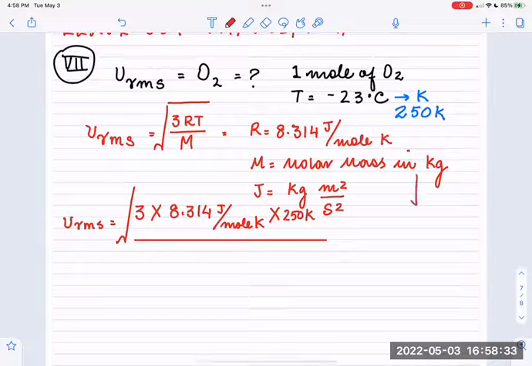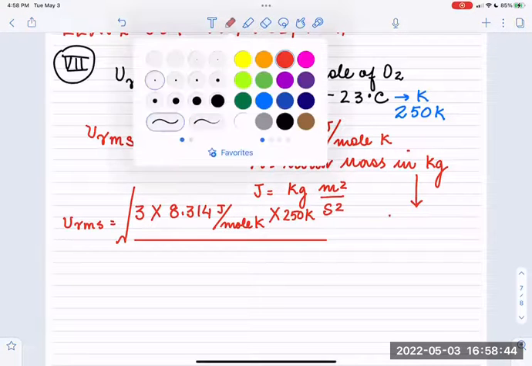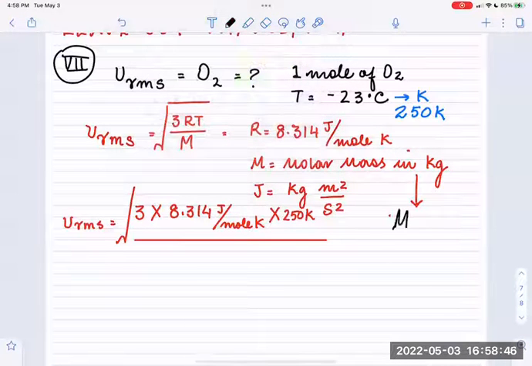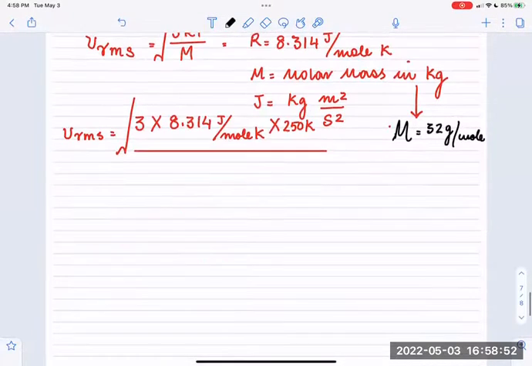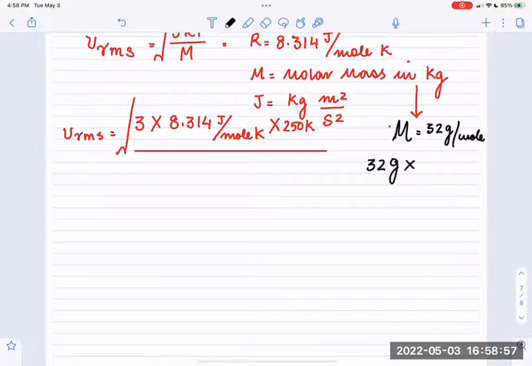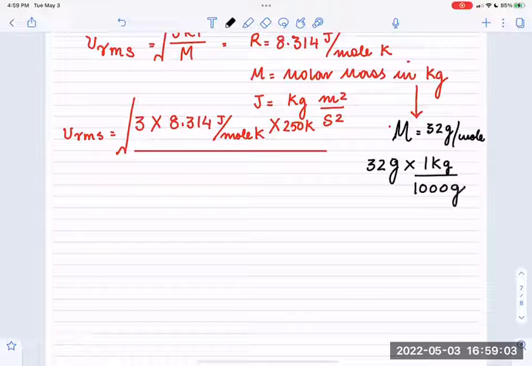Now that's the thing. Oxygen is what? 16. So one oxygen is equal to 16, so two oxygens are 32. So the molar mass of oxygen is 32 grams per mole. But convert that to kilograms. So 32 grams times 1 kilogram over 1000 grams.